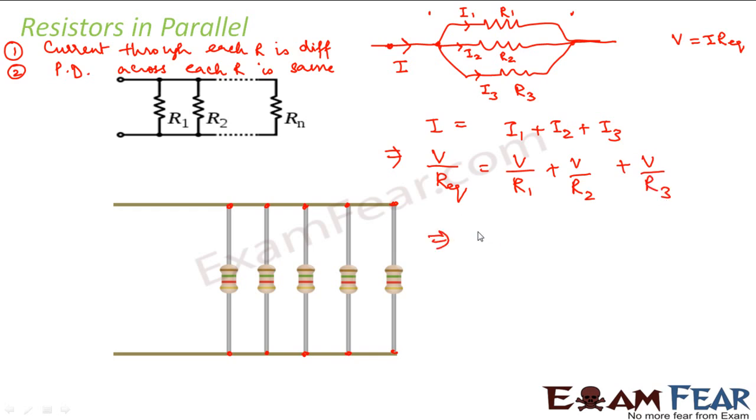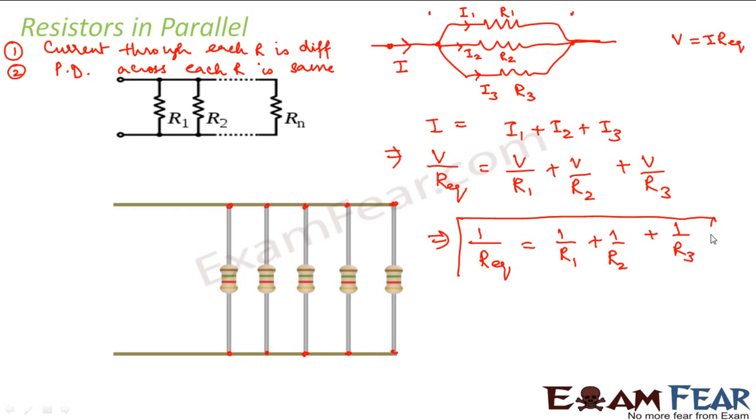So from this we can write 1 by R equivalent is equal to 1 by R1 plus 1 by R2 plus 1 by R3. So this equation represents the equivalent resistance of a parallel combination of resistances. So this is how we calculate equivalent resistance in a circuit where the resistors are connected in parallel.